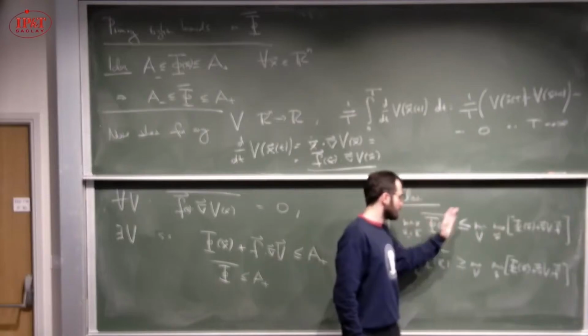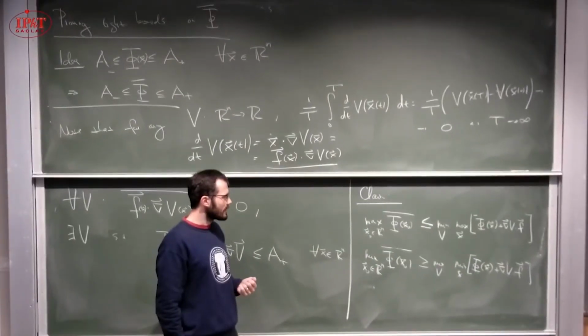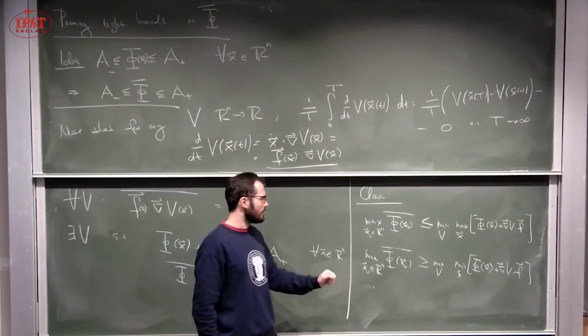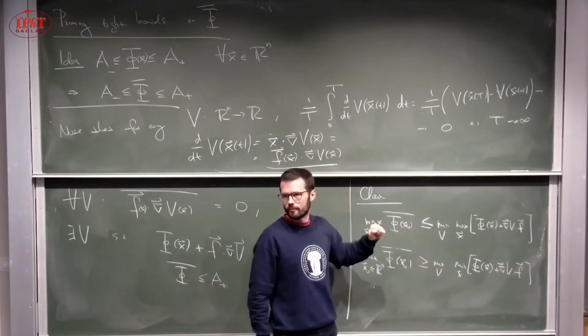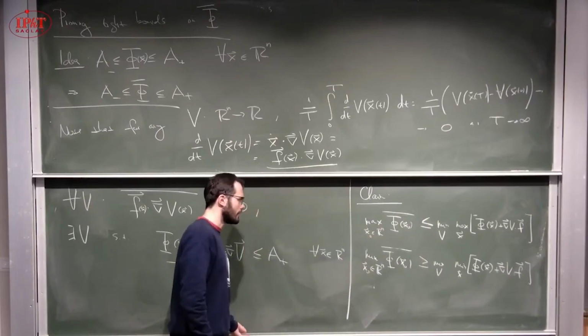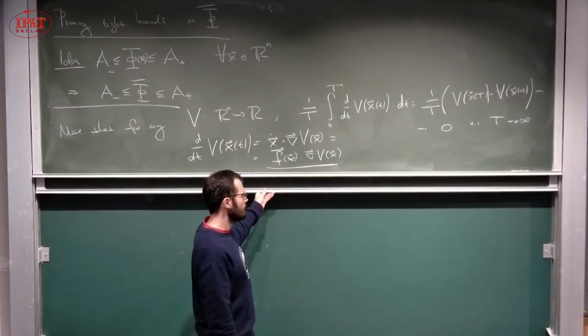But what's remarkable is that it can be proved that if you scan over a large set of these, then these inequalities are sharp. That's not obvious at all, and maybe a little bit later I can sketch the proof of why that's the case.